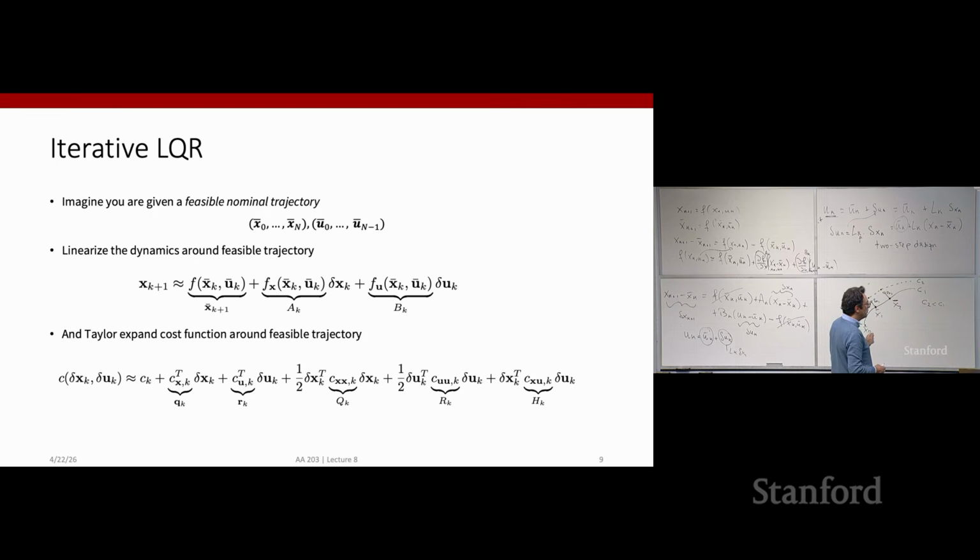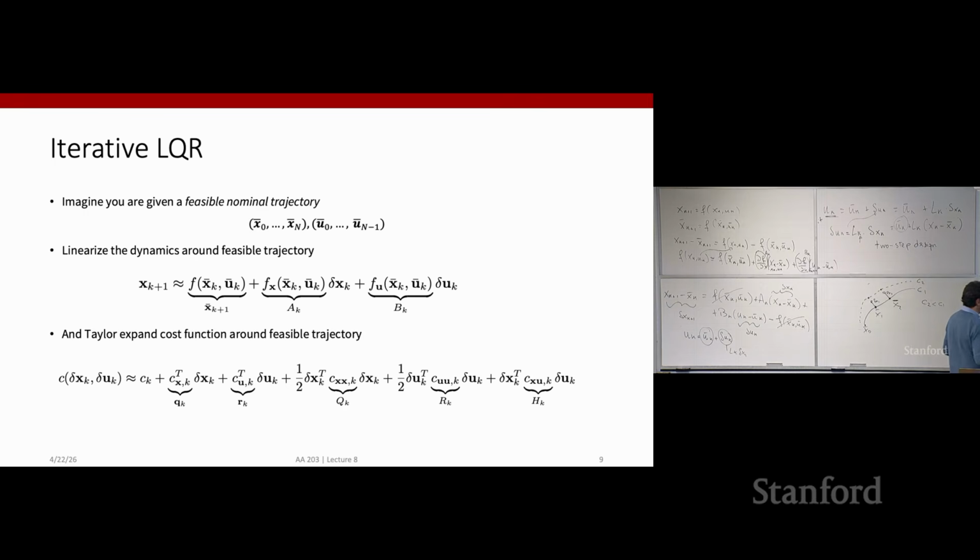So the idea, as before, is to consider a linearization of your dynamics so that you still have linear dynamics with respect to your deviation variables, delta x and delta u. But now, rather than setting up an auxiliary LQR problem where the goal is to drive delta x to 0, you consider a different cost. The dynamics are the same, but the cost is different.